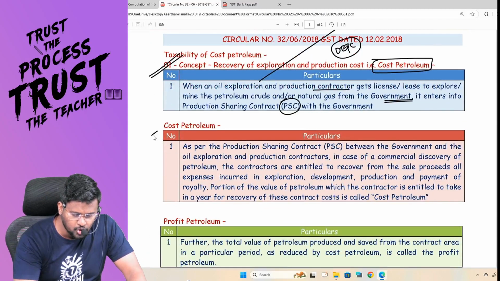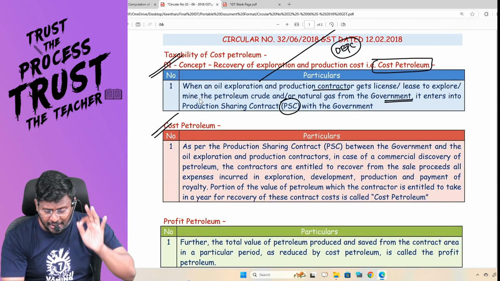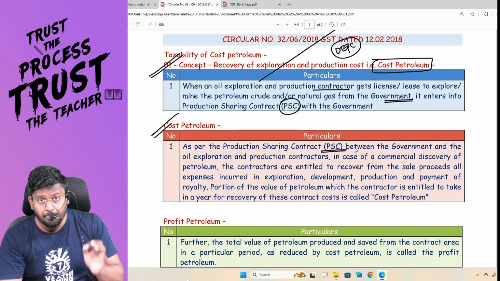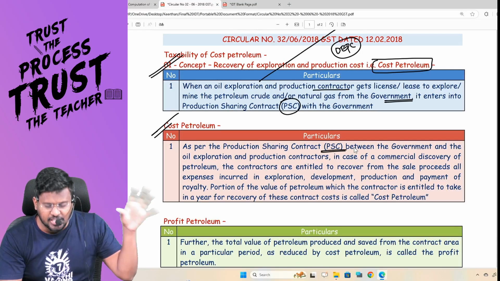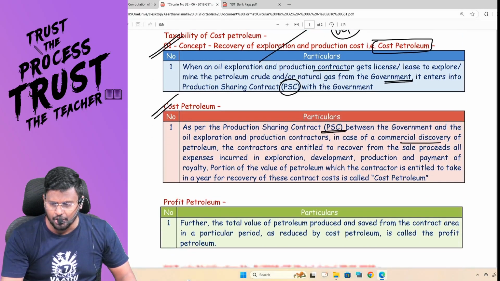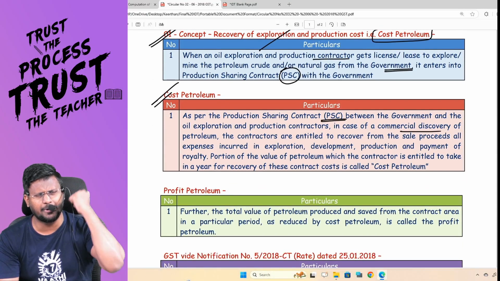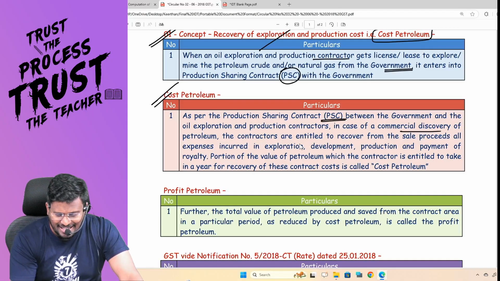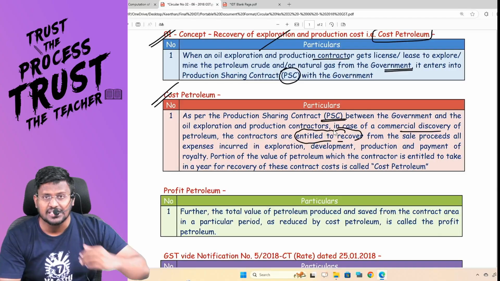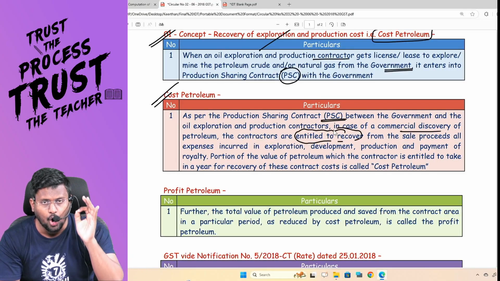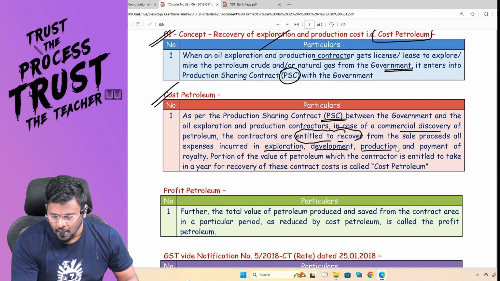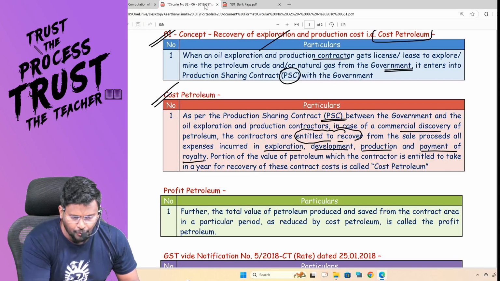Fine. What is cost petroleum, sir? As per the PSC, which is a production sharing contract between the government and the oil exploration and production contractor, in case of commercial discovery of petroleum, the contractors are entitled to recover from the sale proceeds all expenses incurred in exploration, development, production, and payment of royalty.